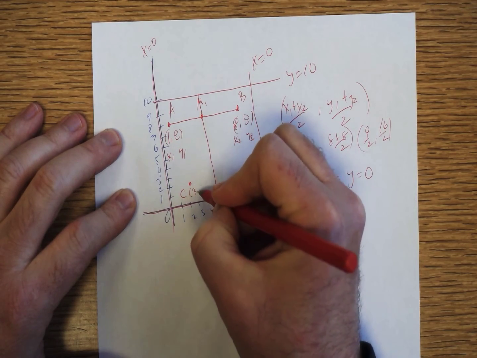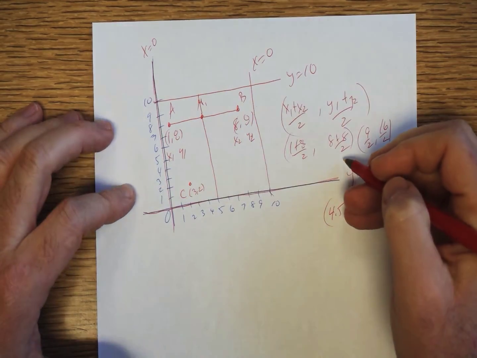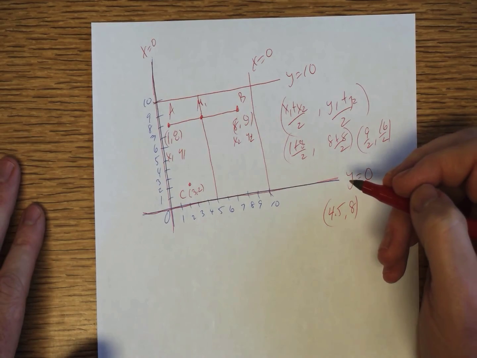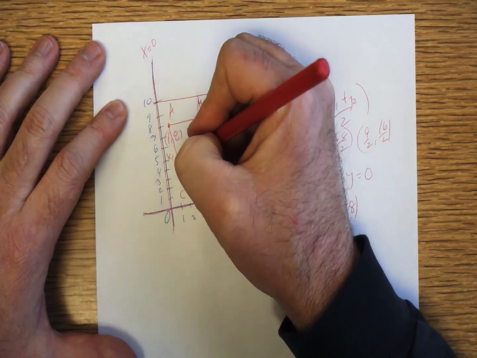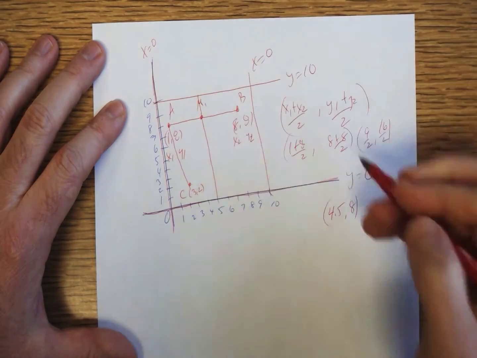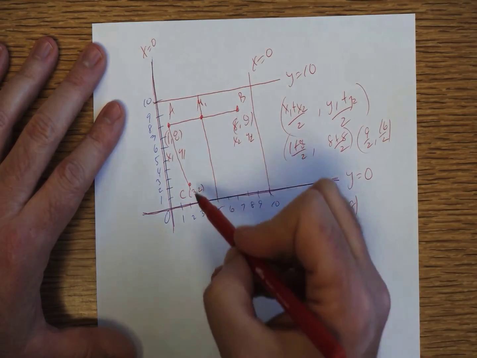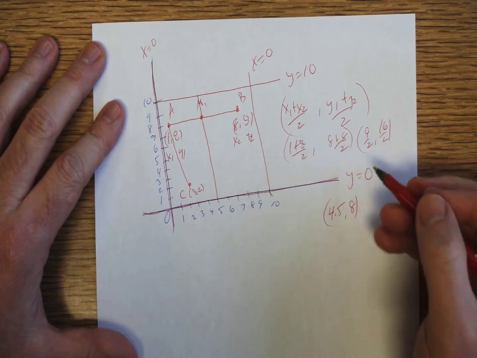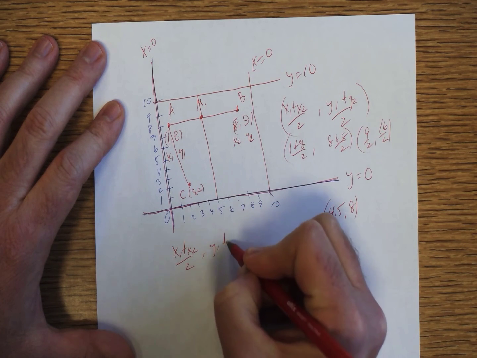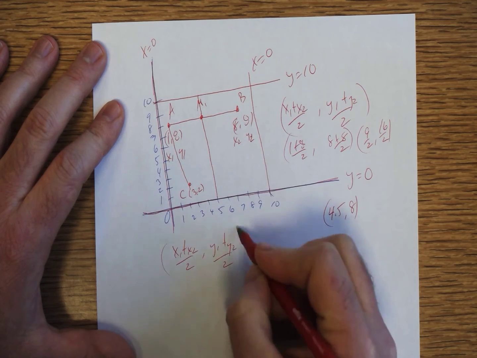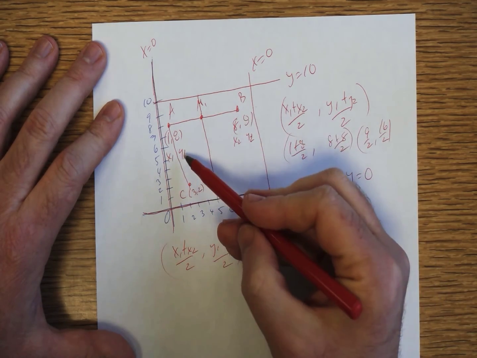Let's label this 3, 2. And it says locate the midpoint of AC. So I have to find the midpoint here of AC. The midpoint is going to be x1 plus x2 divided by 2, comma y1 plus y2 divided by 2. In this case, that's x1, y1.